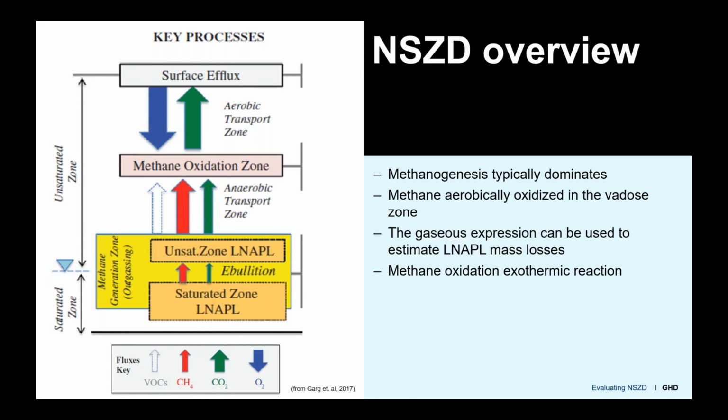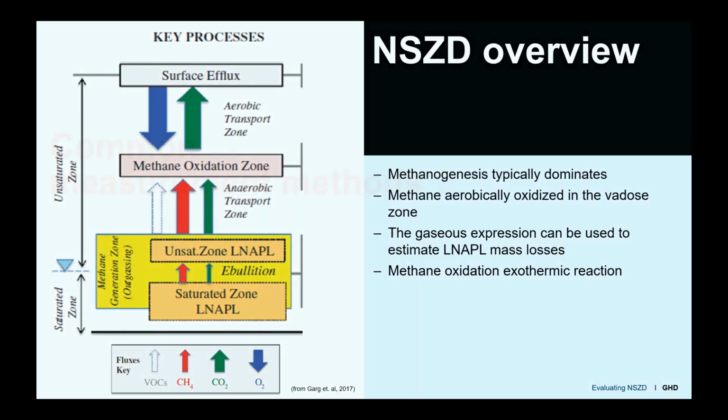The majority of the carbon dioxide generated from the degradation reactions will be released upward through the vadose zone and to the ground surface. And that's an important part of the process for some of the other measurements that people typically use. All right, so let's look at some of the measurement methods.